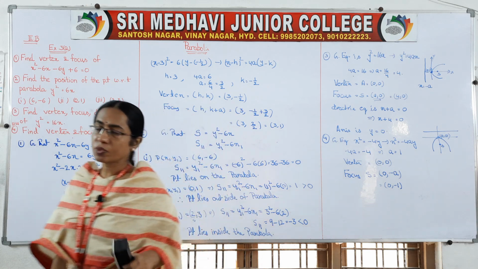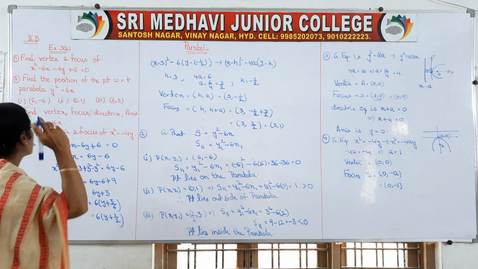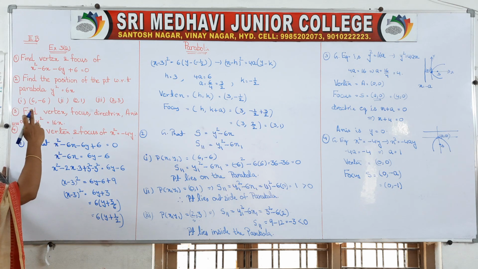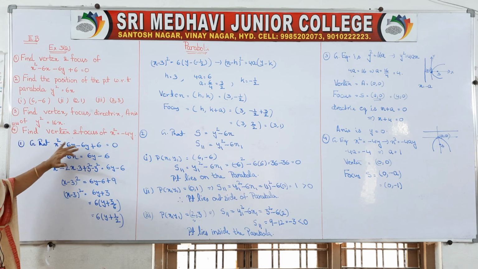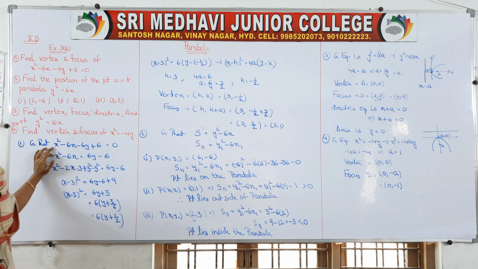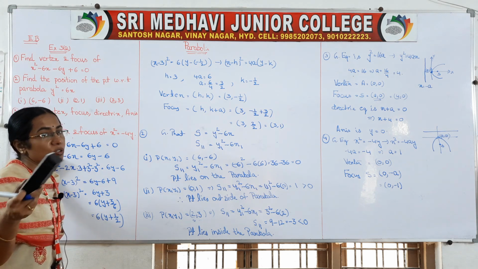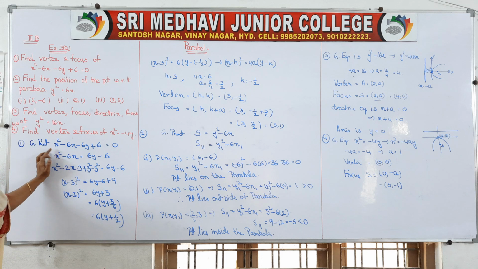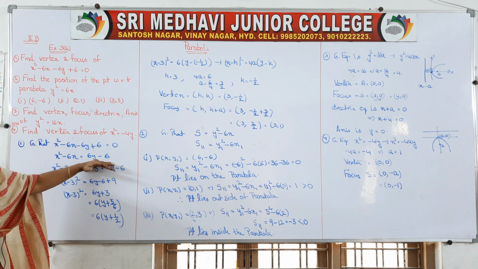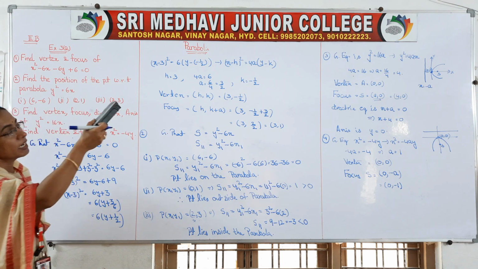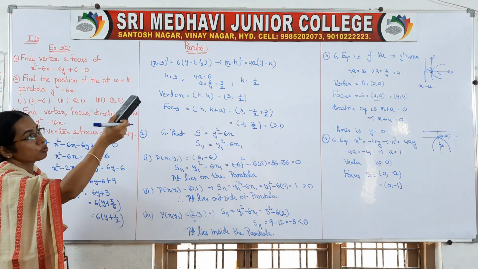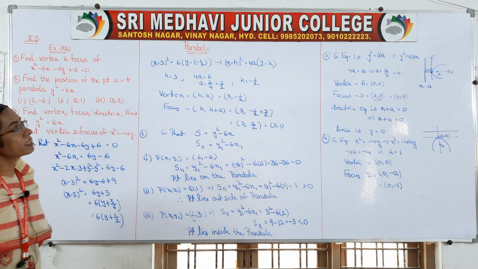Okay, so these are the problems. We solved 4 problems. First one, find the vertex and focus of this one. I said whenever the x square term, x term and y term are there in the equation, try to convert it into the form x minus h whole square is equal to some value into y minus k. For that, first send the y term and constant term to that side, and on this side write x minus something whole square. At the end it will come in the form x minus h whole square is equal to 4a into y minus k.